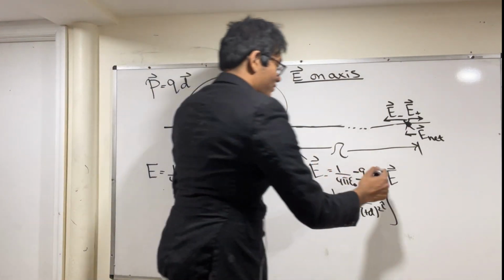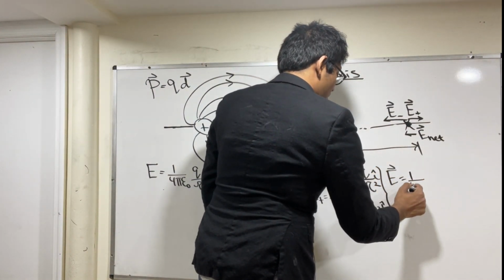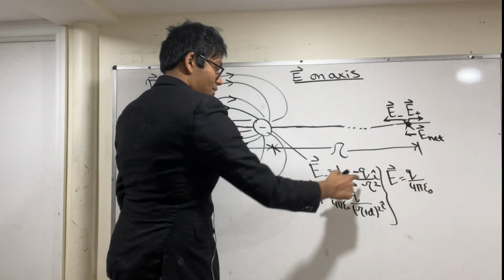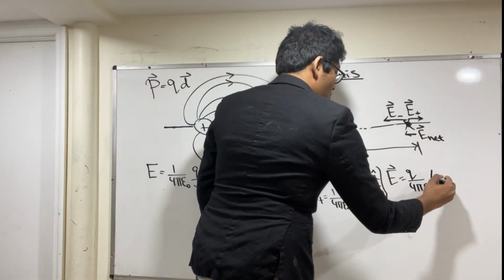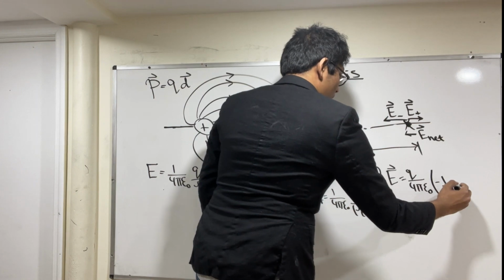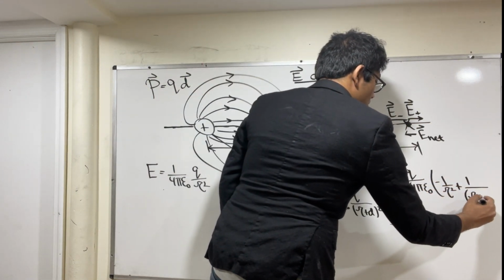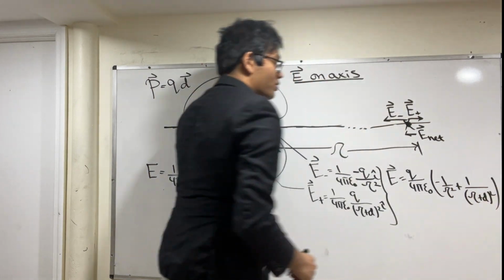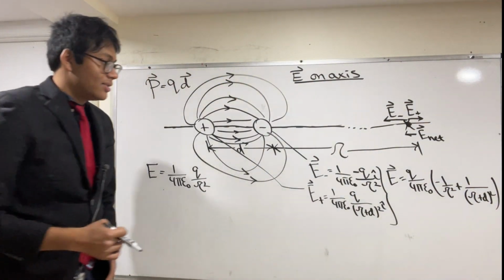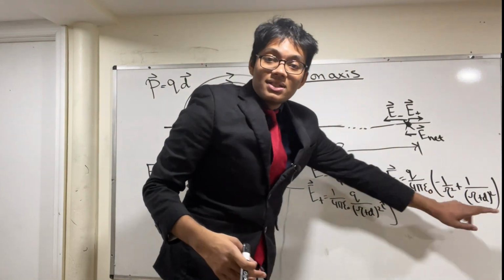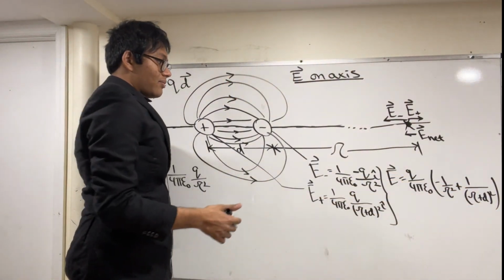So the net electric field is going to be 1 over 4 pi epsilon naught. Let's put my Q where it belongs, right there. And I'm going to have minus 1 over R squared plus 1 over (R plus D) whole squared. At this point, I'm going to go ahead and put common denominators. Hopefully you can still see this, but all I'm going to do is put common denominators.